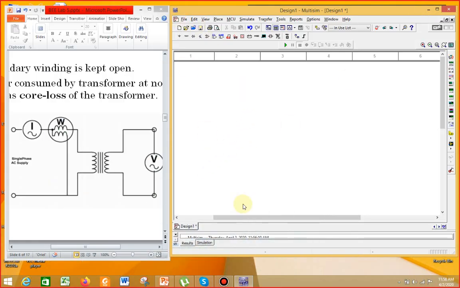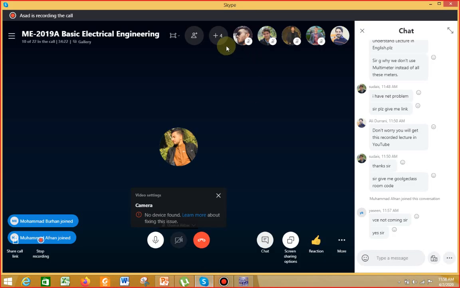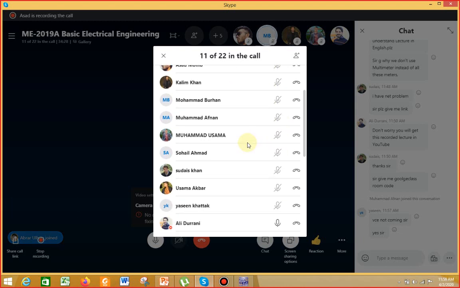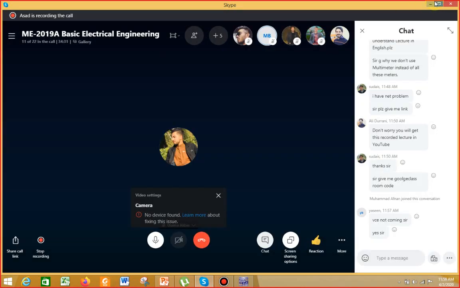Okay, so I have just opened Multisim, and on Multisim I am going to make the diagram for the open circuit test. Okay, that's good now.